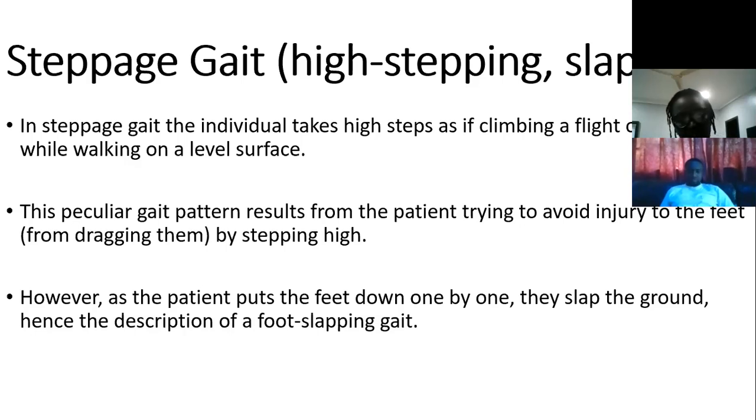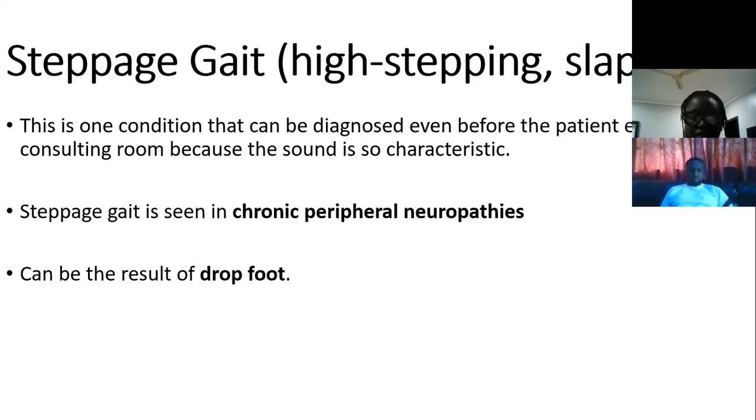And so they have to lift the leg very high to prevent the foot from dropping. And then when they take a step forward, they bring the foot down and then it slaps against the floor. So that's what we call the high stepping or a slapping gait. And usually that indicates paralysis of the common peroneal nerve, which supplies the muscles of the ankle and then the leg.